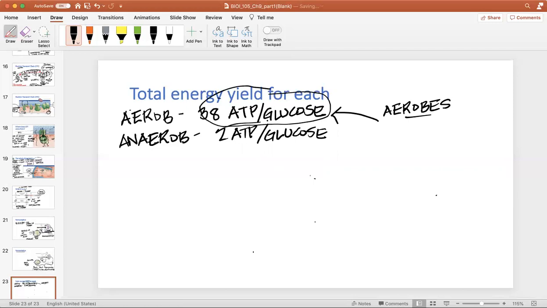Now, anaerobic respiration does still occur, like I told you, if you're exercising strenuously, and it can occur in yeast. It occurs a lot in bacteria. So little unicellular beasties do just fine using anaerobic respiration because they're smaller.